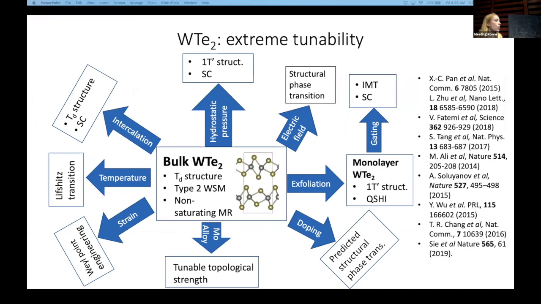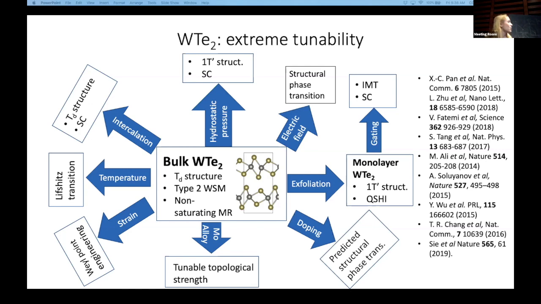To have the highest probability of actually getting something more interesting than a chemical potential shift with potassium dosing, it helps to have a material that does a lot of different things. Tungsten ditelluride is one of those multifunctional materials that is characterized by extreme tunability. This slide is intentionally busy, and I don't expect you to read all of it.